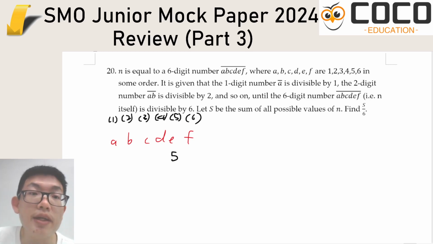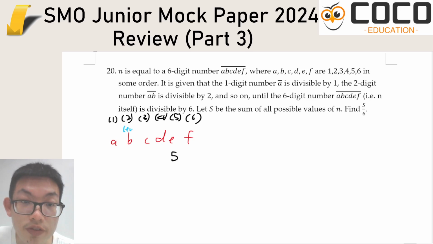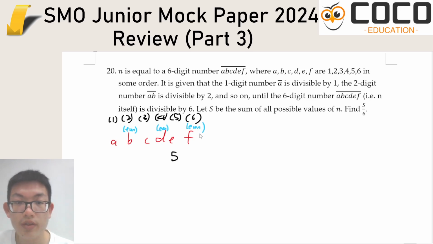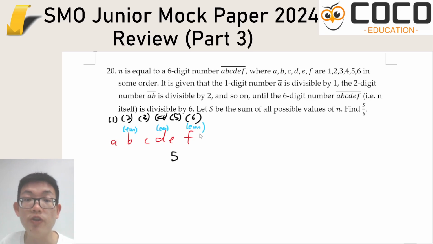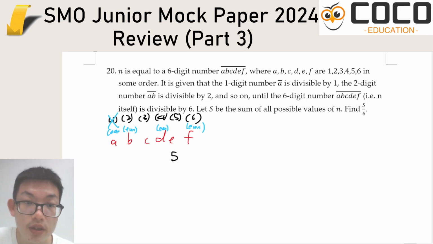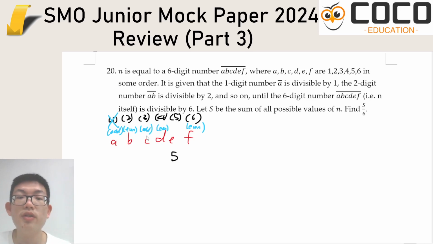The second thing is that B, D, and F are all even in order to be divisible by 2, 4, and 6. 1 I don't really care about. And so that means A and C are just 1 and 3. Now, with not much else to go on, I am just going to try the 2 possibilities of A and C being 1 and 3.